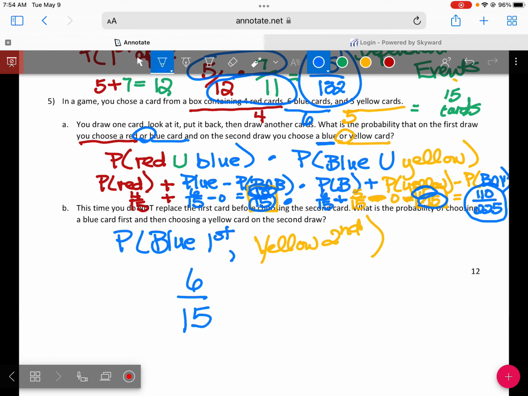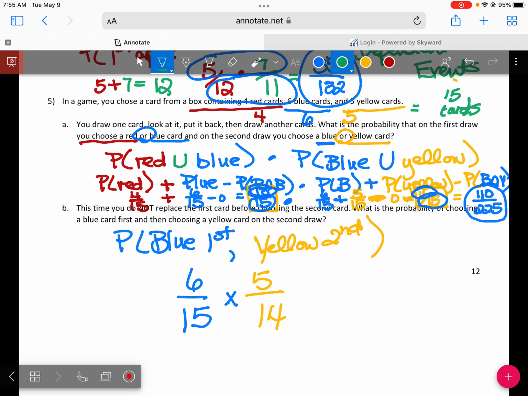And it says you are not replacing that card back in. We are not. Okay. So what's the probability of choosing a yellow card? How many yellows do I have? 5. And if I don't put that first card back, how many cards do I have total? How many? No. I don't put it back. 14, right?